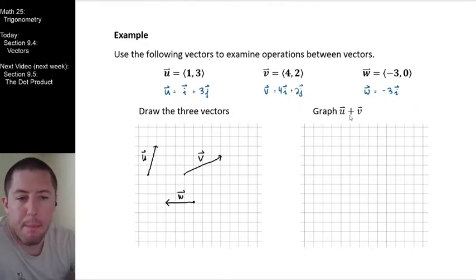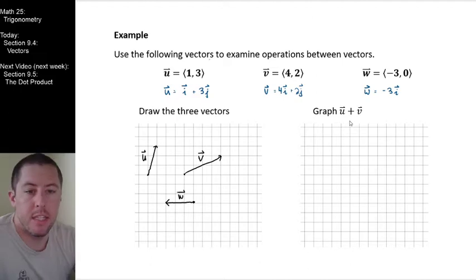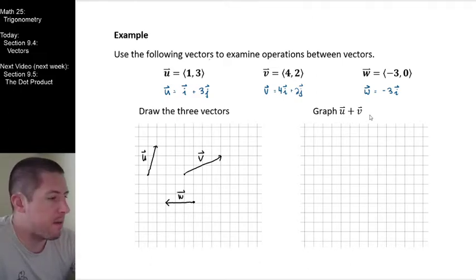What we're more interested in here is looking at the operations between them. To graph u plus v, what I want to say is do u, then do v. Do the instruction set for u, followed by the instruction set for v. So I'm going to start at some location here, and I'm going to do the vector u.